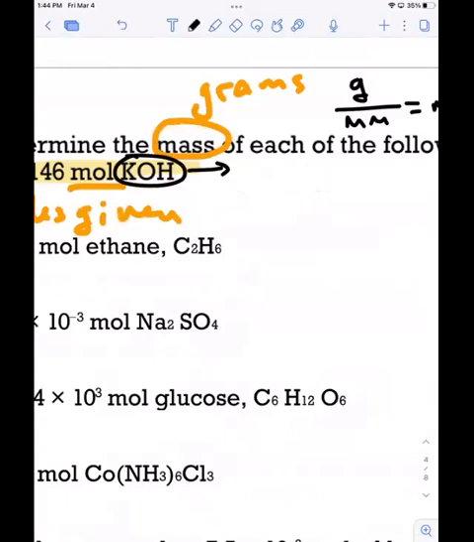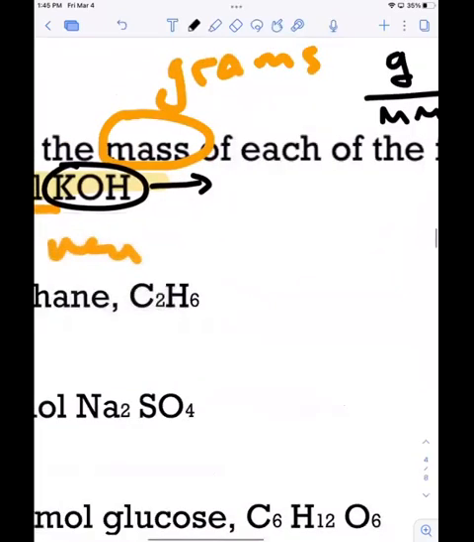All right, what's the atomic mass of potassium, based on the periodic table? Is it 39.01?